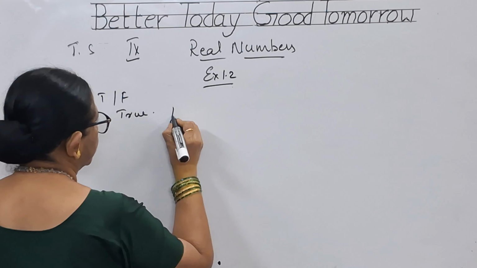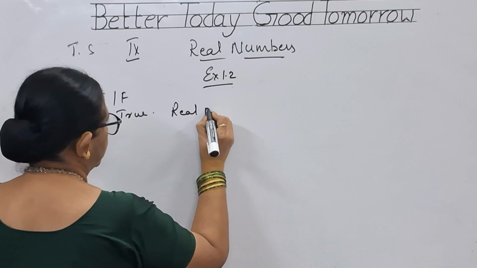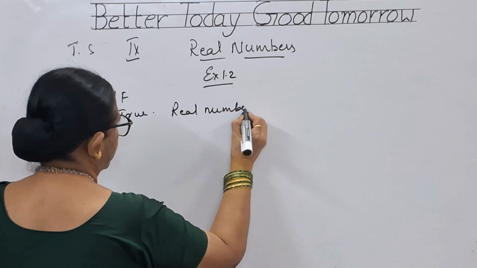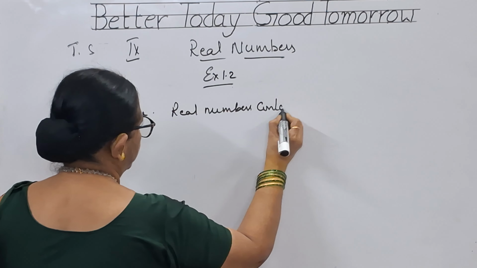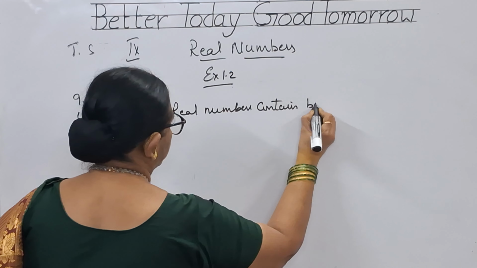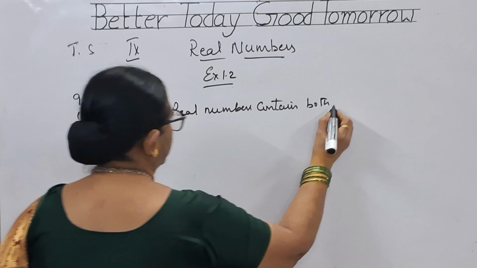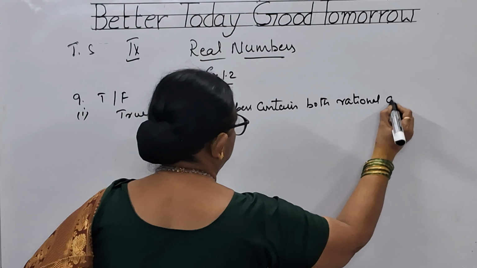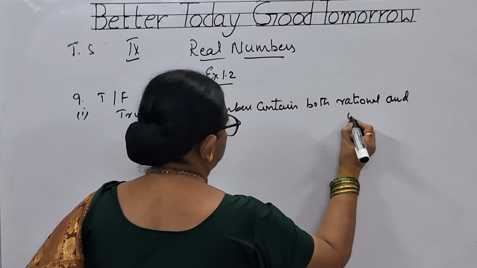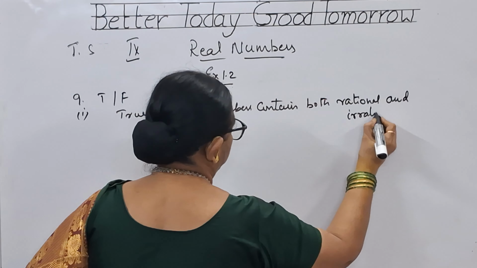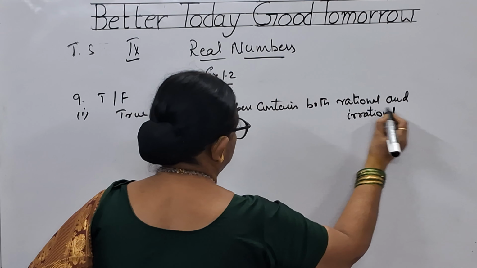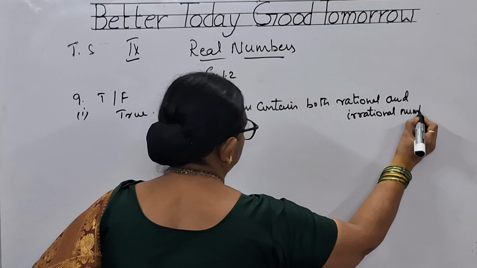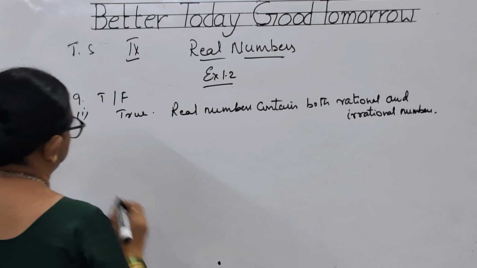Why? Because real numbers contain both rational and irrational numbers. This is the reason why you are calling it true.